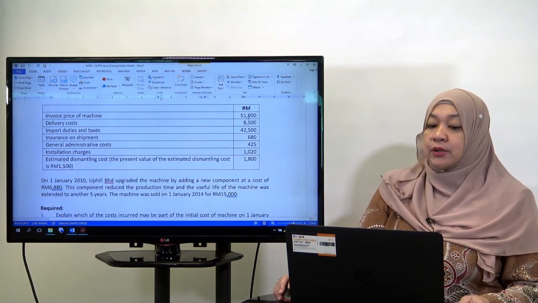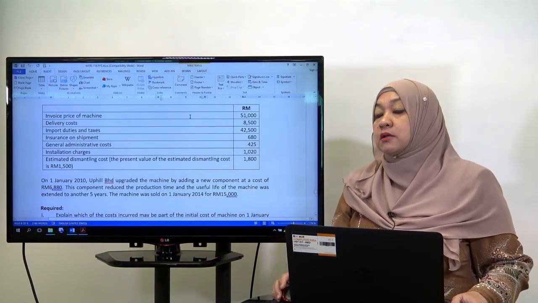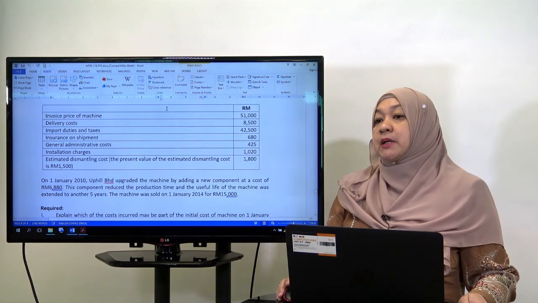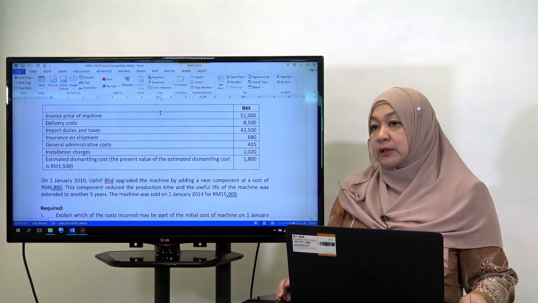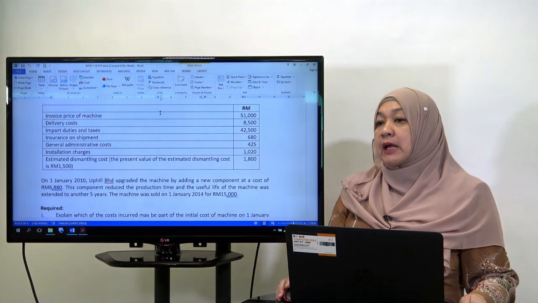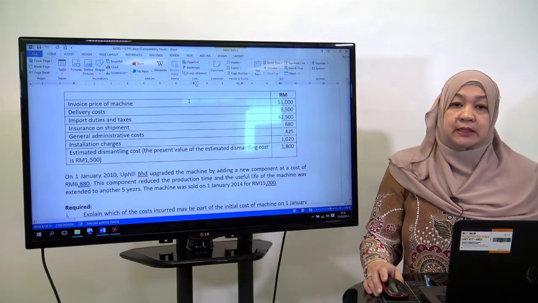Okay, so you should know by now that to determine the cost of the non-current asset, if it's a purchased item, what we're going to include is the cost of that particular non-current asset plus any cost related to the purchase of that asset, right?